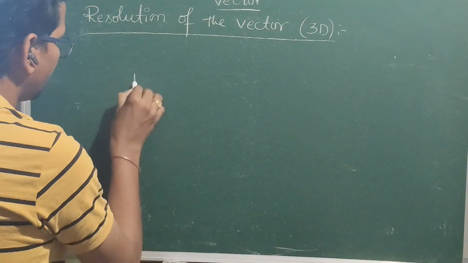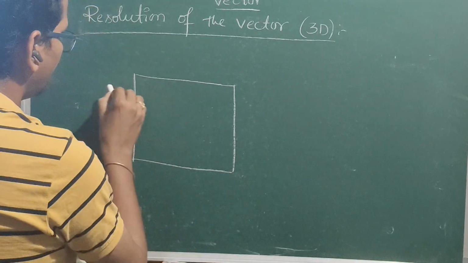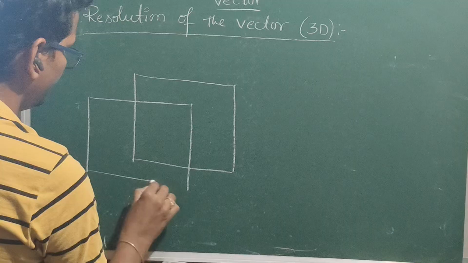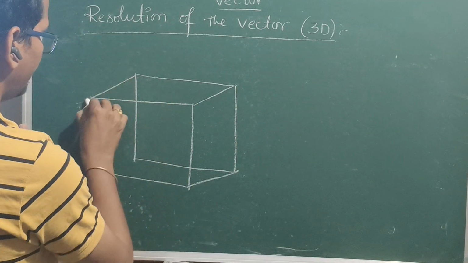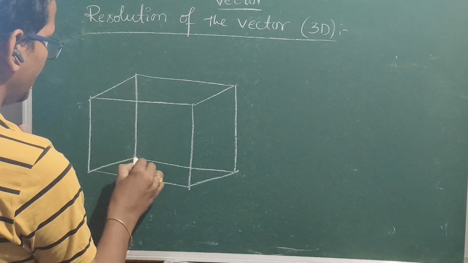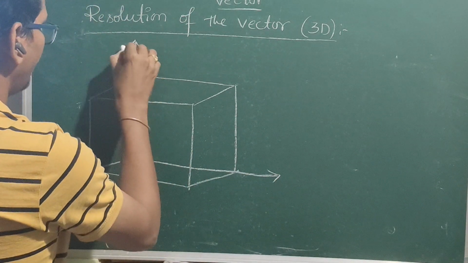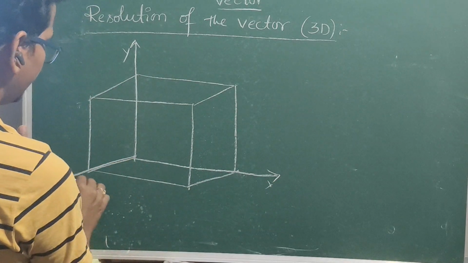First of all, we want to draw the three-dimensional way. We always take it as a cube in three dimensions. We can draw this. Okay, this is the x-axis, this is the y-axis, and this is the z-axis.